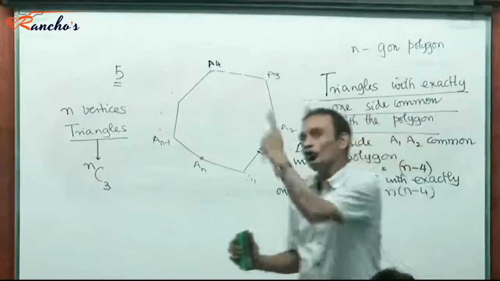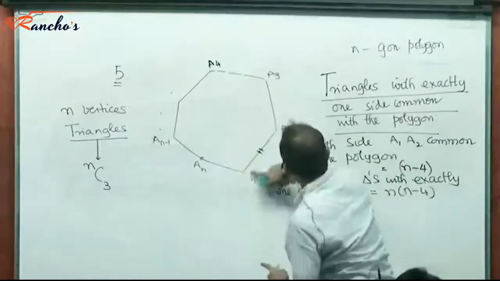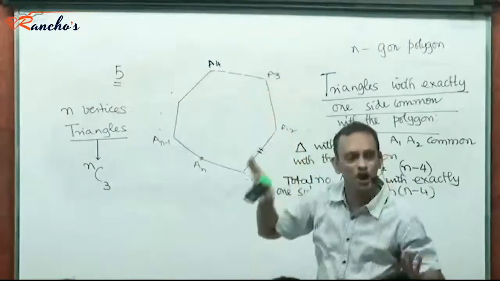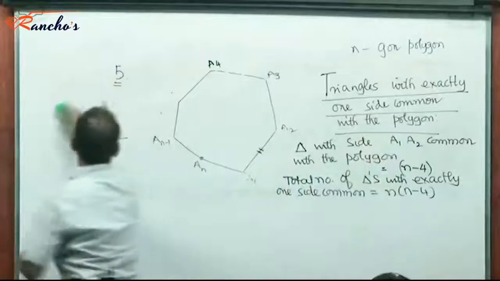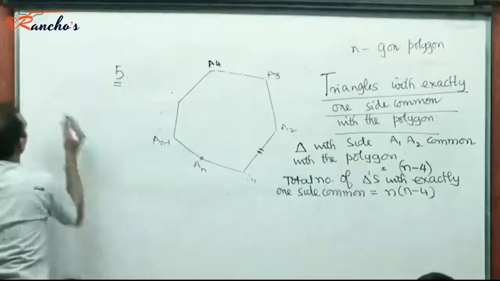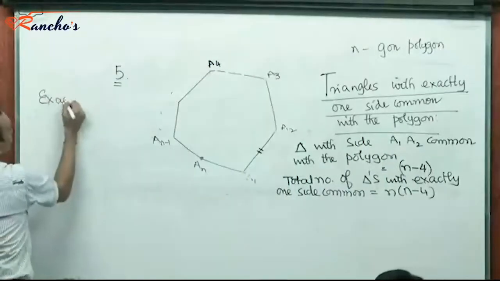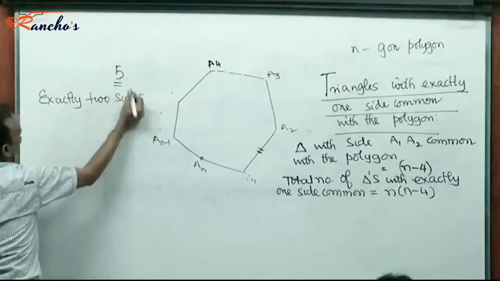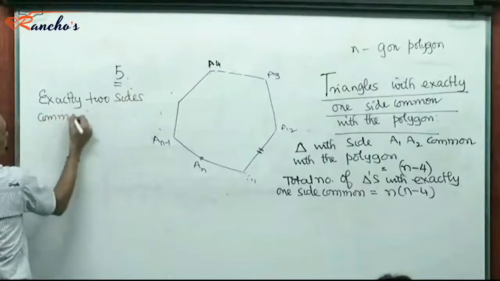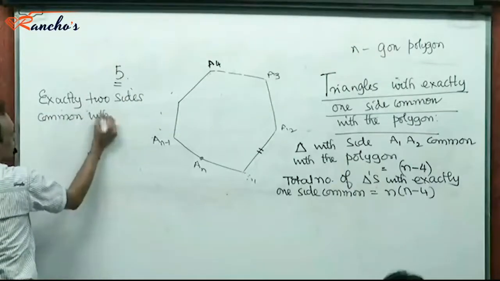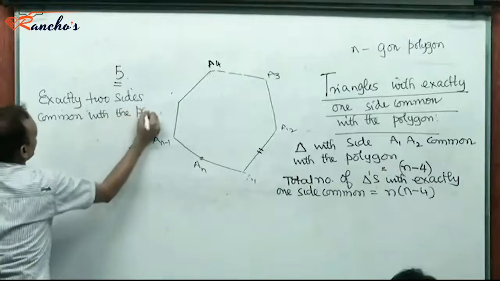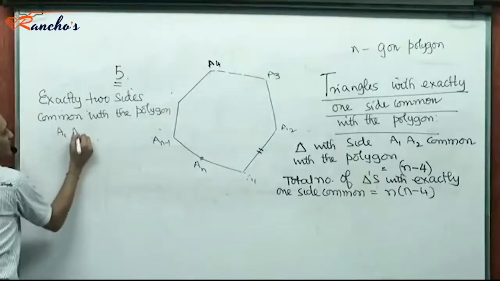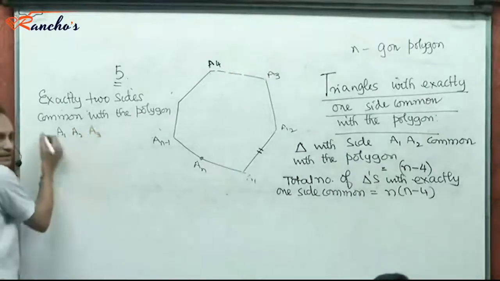Okay. Now triangles with exactly two sides common with the polygon. How will you have two sides common with the polygon? The moment you select three consecutive vertices of the polygon, you'll have two sides common. Yes or no? Yes, sir. For example, if you select A1, A2, A3 as the vertices, you have one triangle.